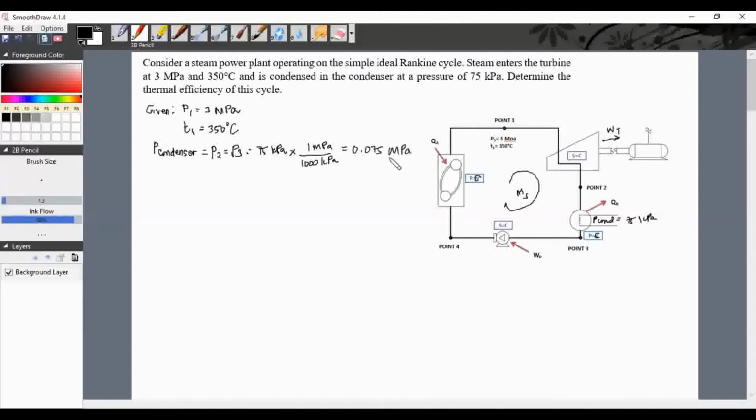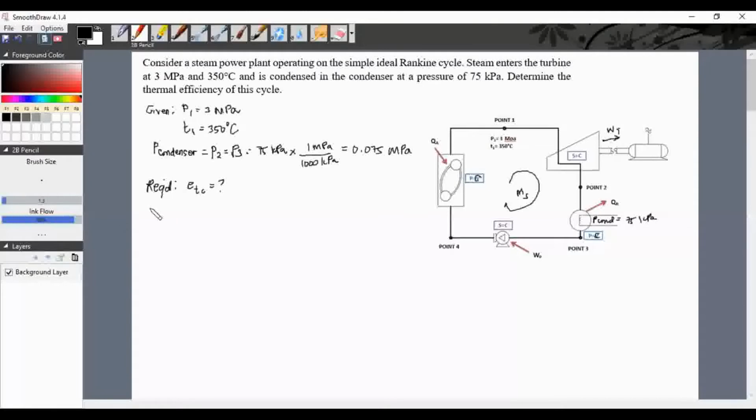Kasi yung gagamitin kong values are taken from steam tables by Keenan and Keyes SI version. And yung pressure doon is in megapascal. So, para mas madali na lang makita. Then, afterwards, the problem requires us to find the cycle thermal efficiency.